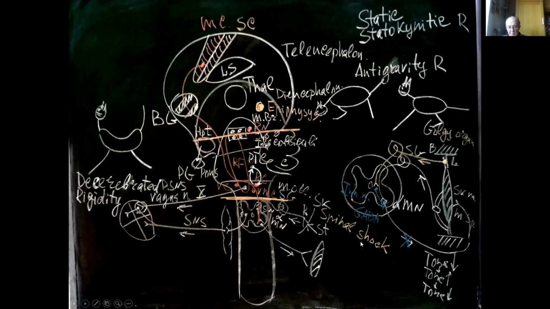Immediately there will be spinal shock. What are the symptoms of spinal shock? Three symptoms. First of all, this is areflexia. If we start to stimulate, the excitation can't conduct.